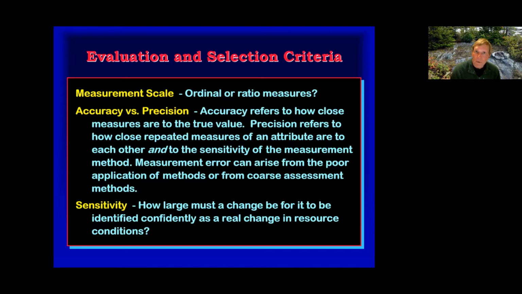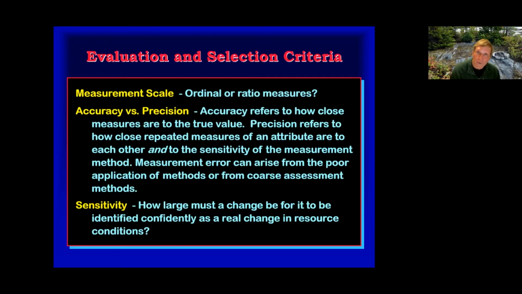Well, a campsite in that final category could go from 1,500 square feet to 2,000 to 4,000 to 8,000, and you'd never know that because it's lost in that upper category. If you record an actual site size or the actual number of damaged trees or tree stumps, you don't lose that information. You have it. So a measurement scale that's ratio is quite frankly, I've always felt the best.